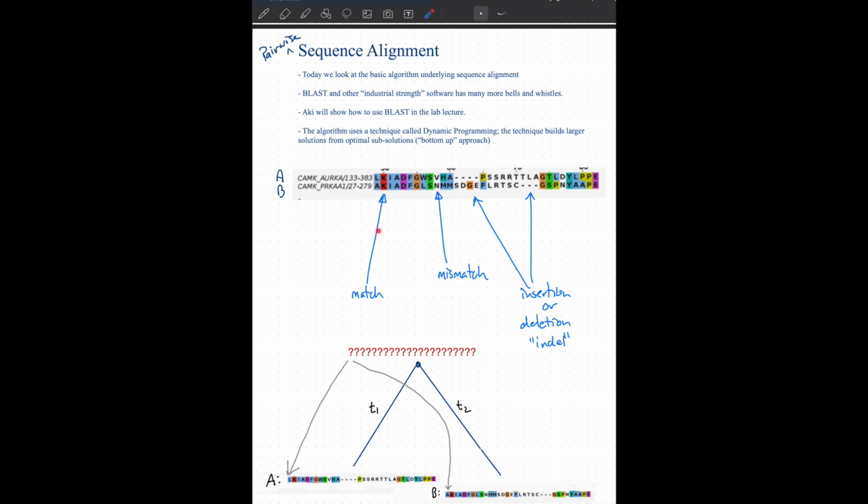So let's write it this way: I have my species A and my species B, and presumably I'm looking at the orthologs of these two proteins.